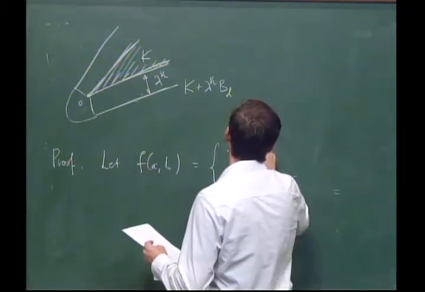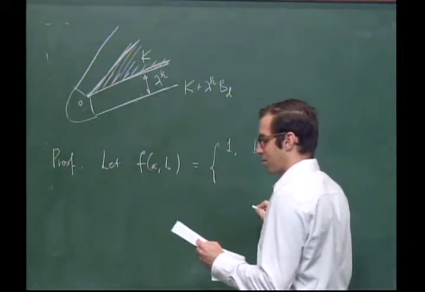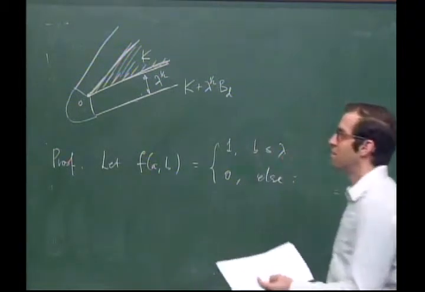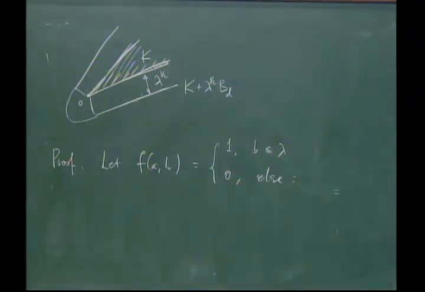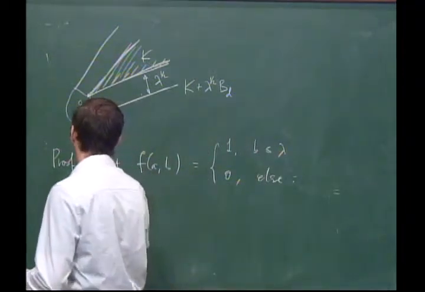It should be 1 when b is less than or equal to lambda, and 0 otherwise. That's certainly a Borel measurable function of two variables. And now we can make the following calculation.